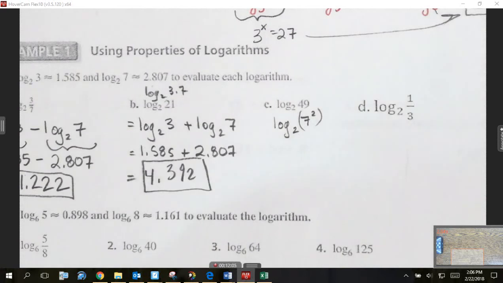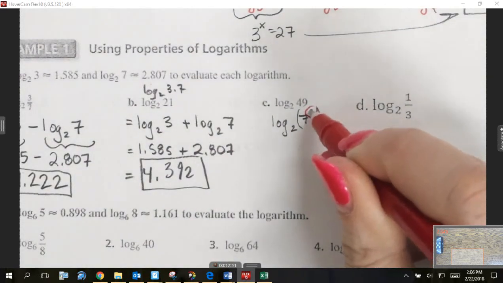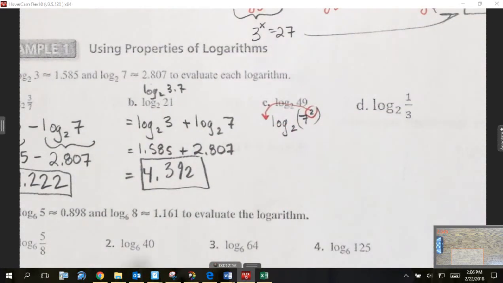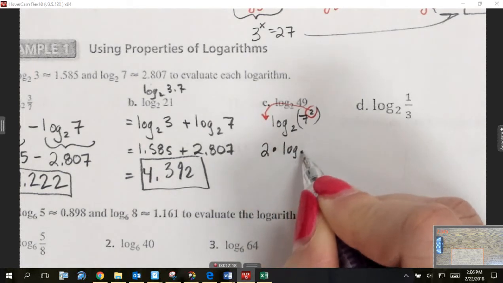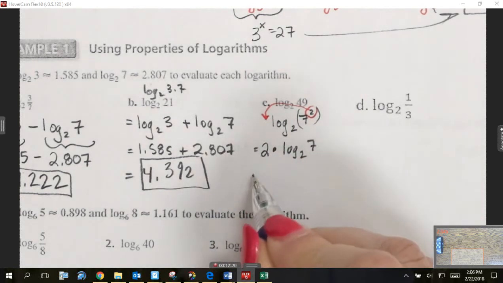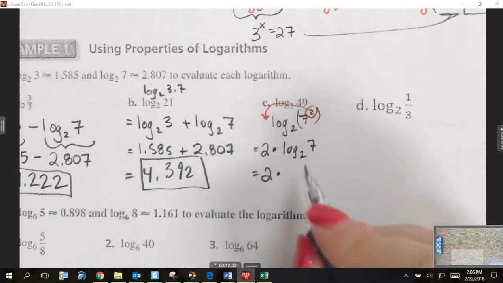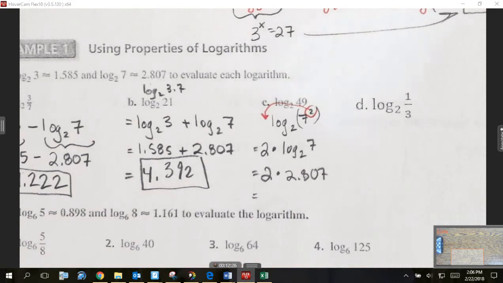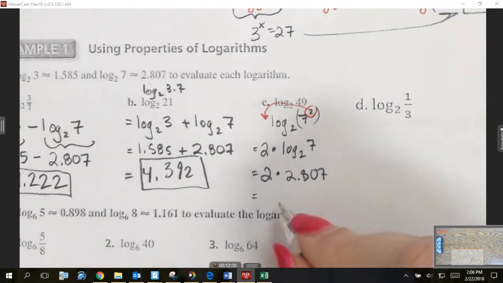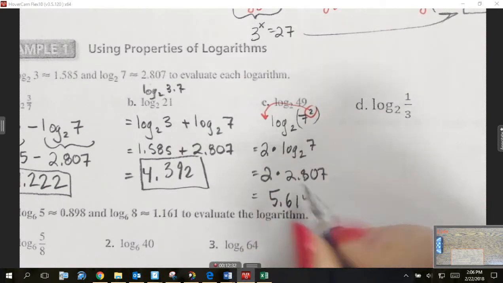So now I'm going to use my exponent rule, which is called the power property. It says if I've got an exponent on this number, I can pull it to the front and multiply it. So I will have 2 multiplied by log base 2 of 7. So that's 2 multiplied by 2.807, or 5.614.